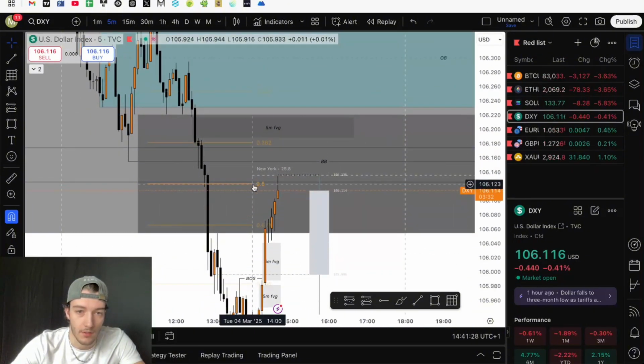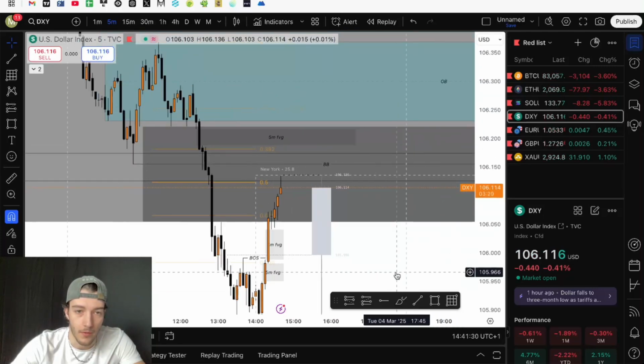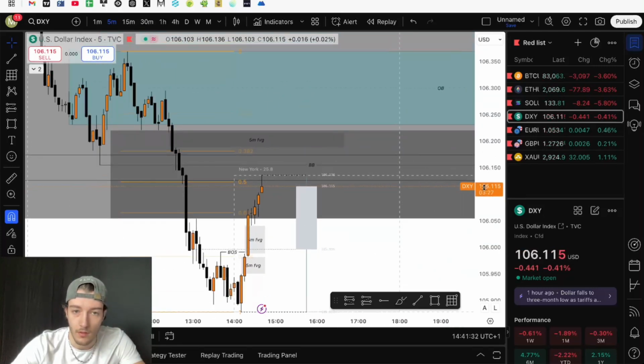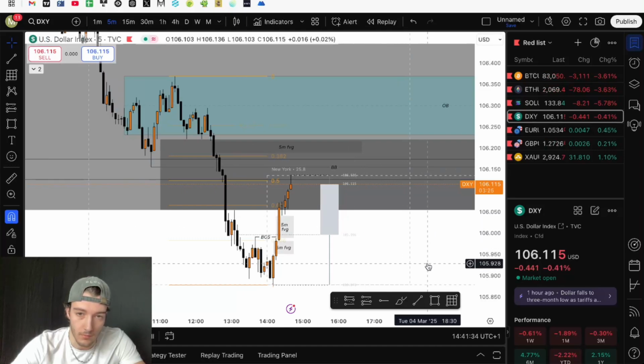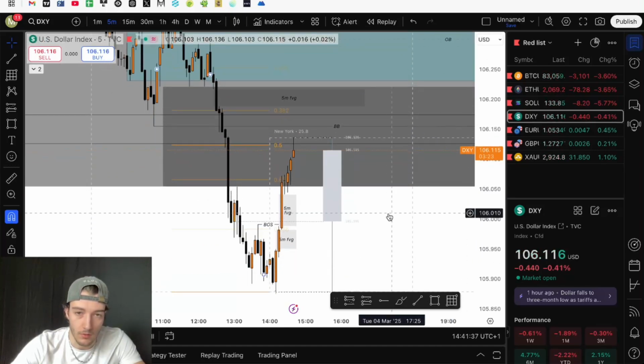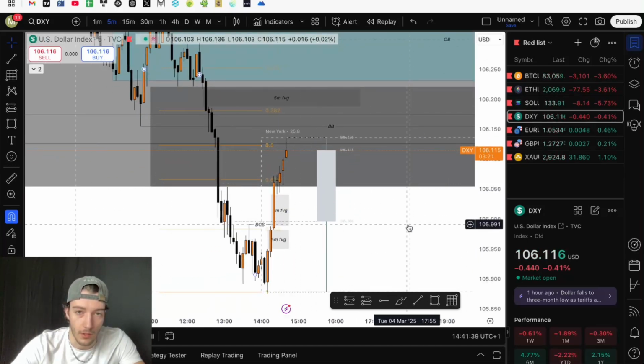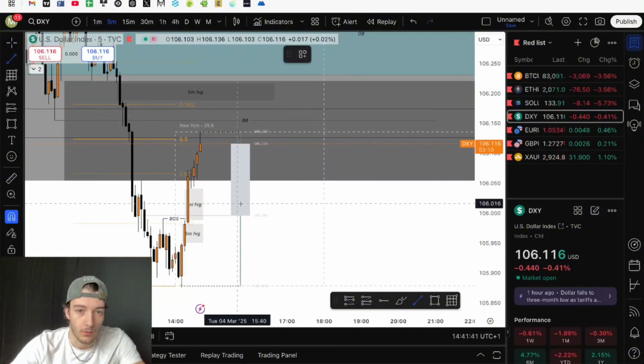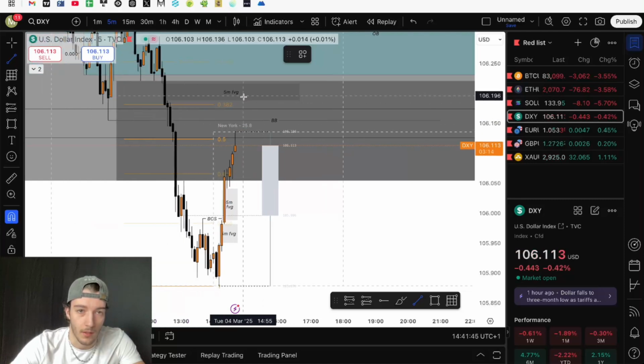Alright, it tapped into this 50% equilibrium level. If I see a candle close below here, below this 1-hour fair gap, I would say that you're likely gonna move lower and not come any higher here.